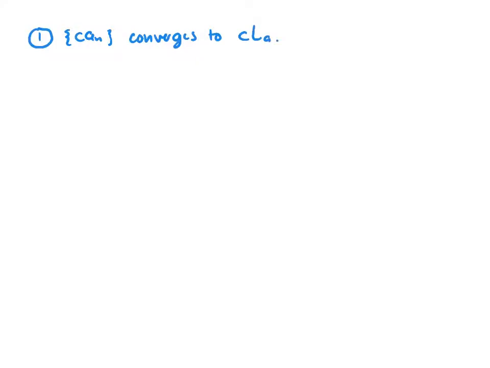All right, so here's just a bit of scratch for our convergence proof. So what is it that we want? In the end, we're going to want something along the lines of: the terms in the sequence, which are c a_n, minus the desired limit, c L_a, in absolute value is less than epsilon. Right, that's what we're aiming for.